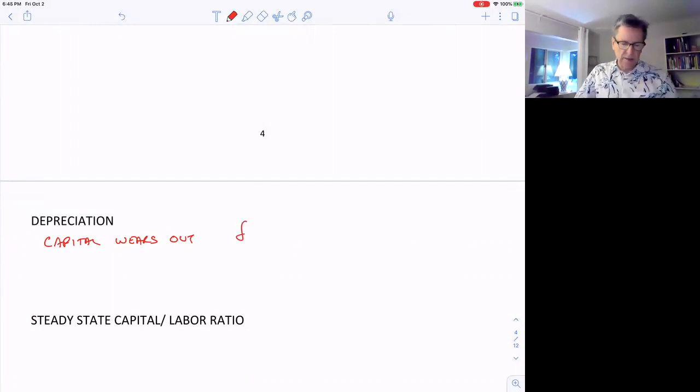Little delta is a symbol for depreciation. So we're going to say some fraction of the capital labor ratio wears out. So we can write this as delta times little k sub t is the amount of depreciation going on.